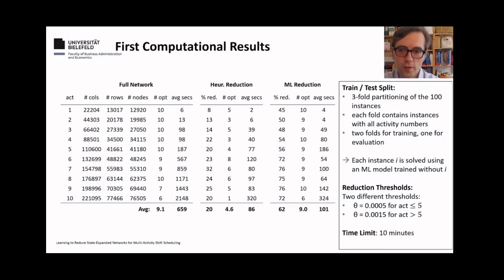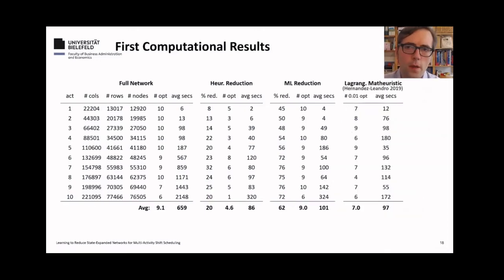The reduction thresholds were devised empirically. We used two different thresholds for the different sizes of the instances, and we gave a time limit of 10 minutes. Finally, the last two columns of this table show that our approach is similar in performance to the state-of-the-art Lagrangian matheuristic presented by Hernandez Leandro and others in 2019.